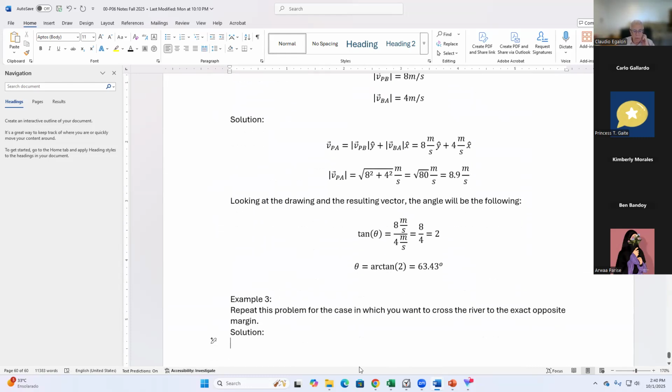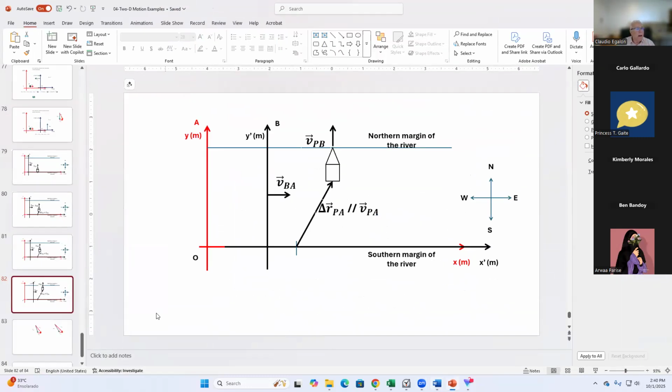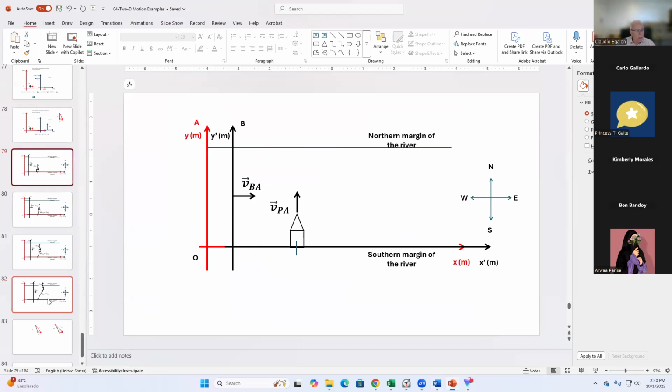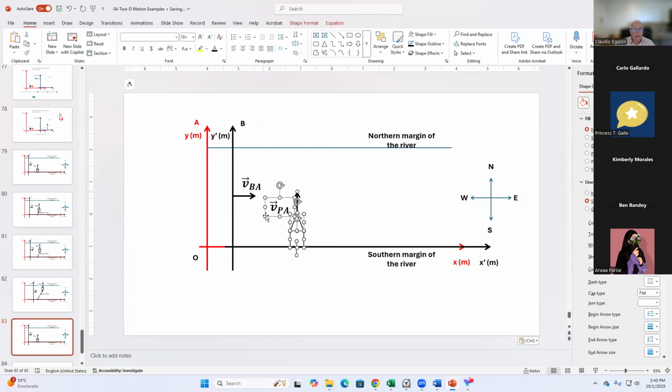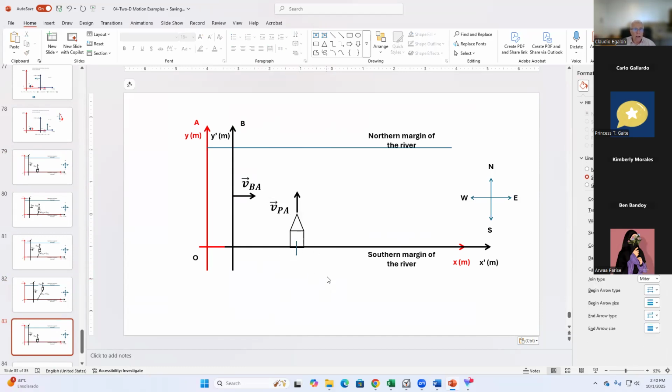And again, I'm just going to do the qualitative solution of this one, and it goes like that.